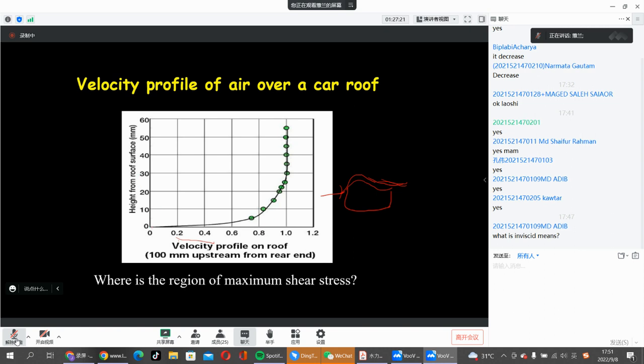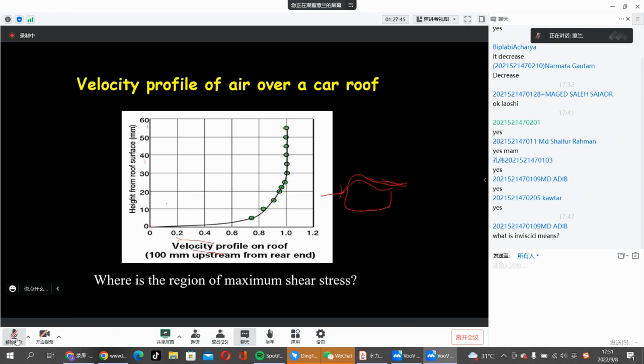When the height from the roof surface is 0, the velocity is 0, and then when the height increases to 60, the velocity increases to its maximum. So can you tell me where is the region of maximum shear stress?